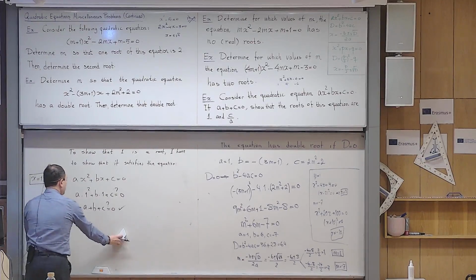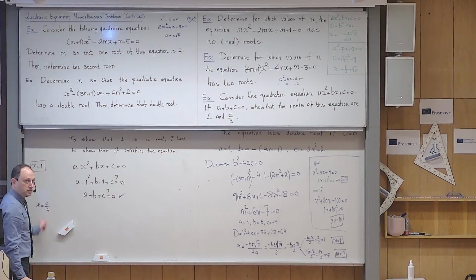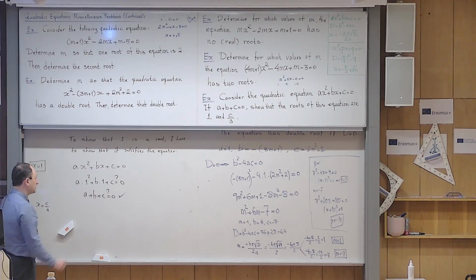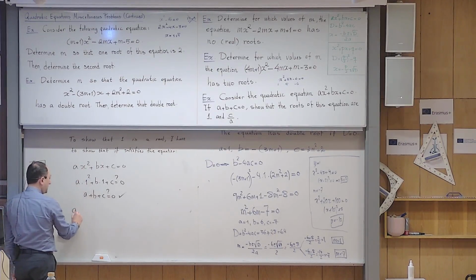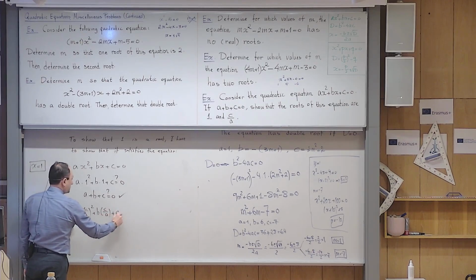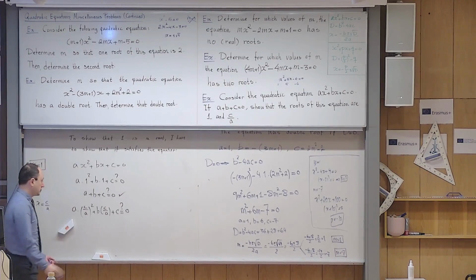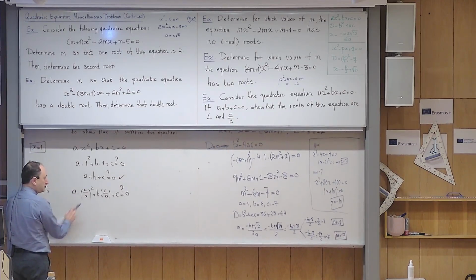The same scenario for c over a. I want to show that c over a is a root. What should I do? This time I replace x with c over a, and ask myself the same question: is it true or false? Okay, let us check. But this needs a little bit of algebra.